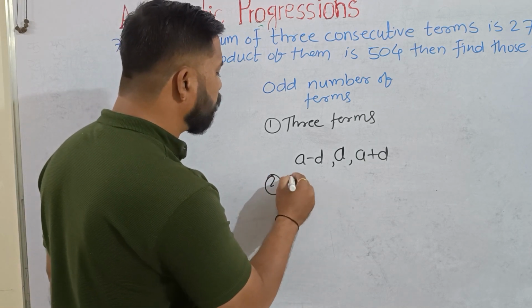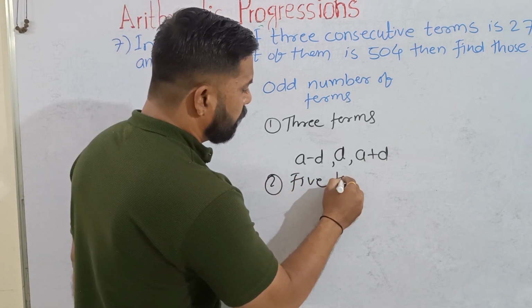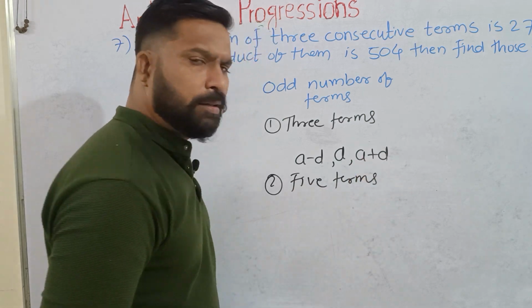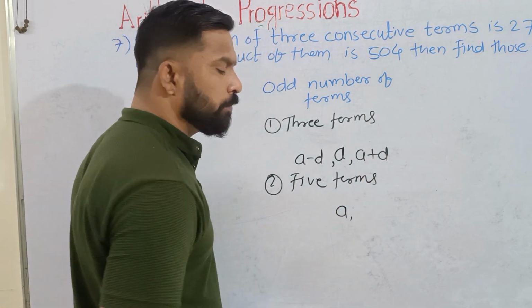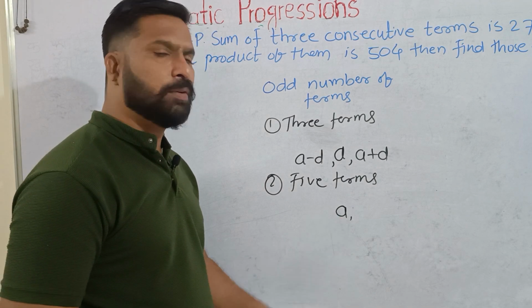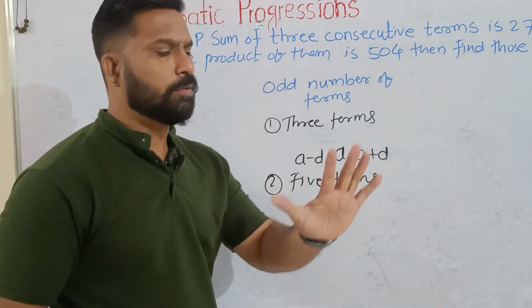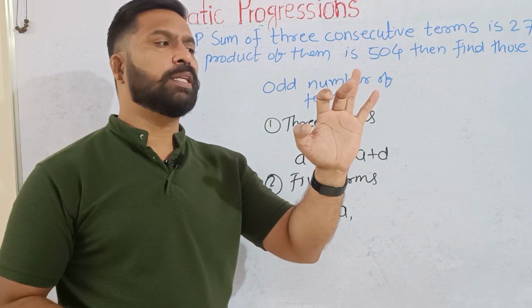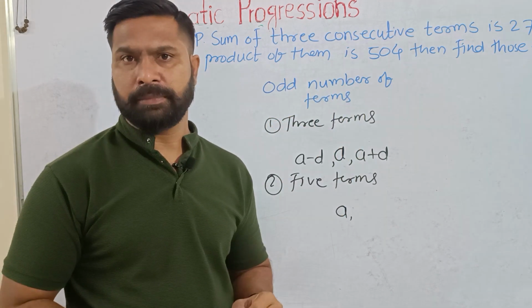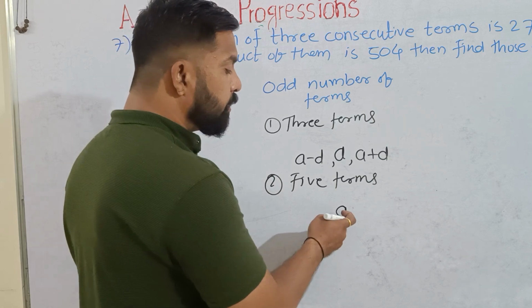Okay, let's go. Number 2: 5 terms. 5 is also an odd number. This is the middle term. What is the sequence of these terms? Out of 5, 1, 2, 3, the third is the middle term.